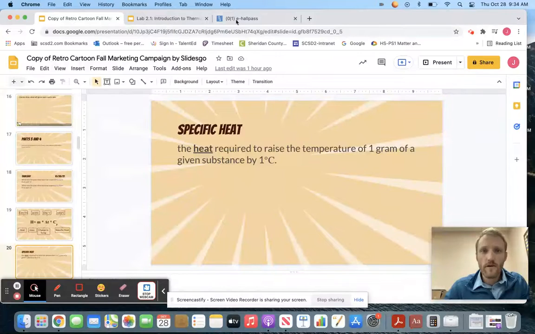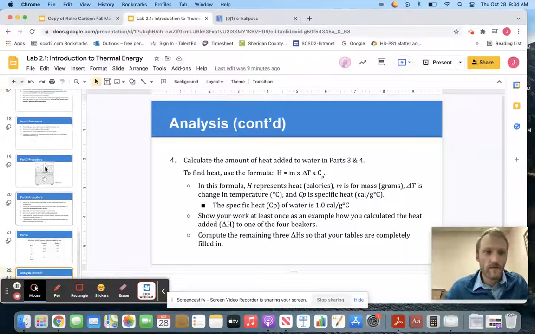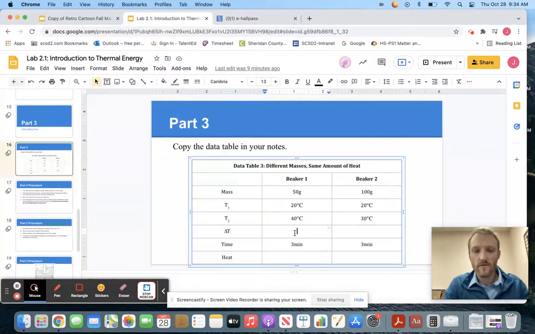If we go back to our lab, we're just plugging these things into our equation. Let's look at part 3. Our change in temperature for this one, for example, is 20 degrees Celsius. Now we want to calculate heat. So how do we do that?